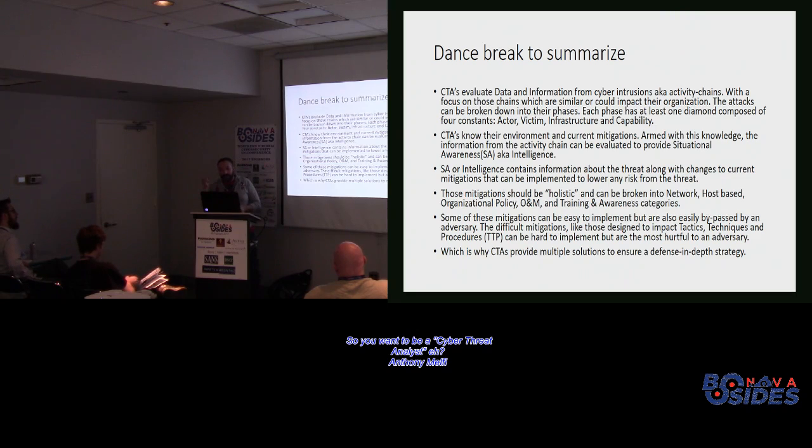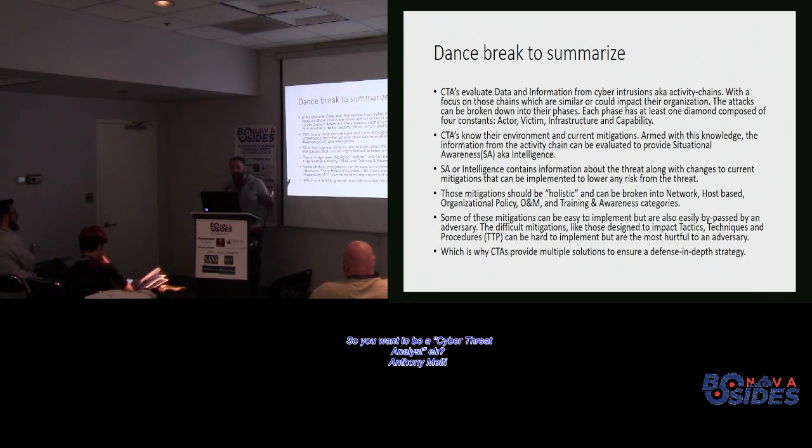Each phase has at least one diamond model composed of four constants: an actor, a victim, an infrastructure, or the capability that we're running. CTAs know their environment, relatively speaking, and current mitigations. Armed with that knowledge, we can provide situational awareness and intelligence. That situational awareness and intelligence should be based off of a quantitative risk to try and lower the actual threat to an organization.